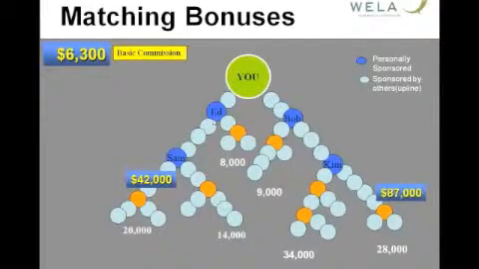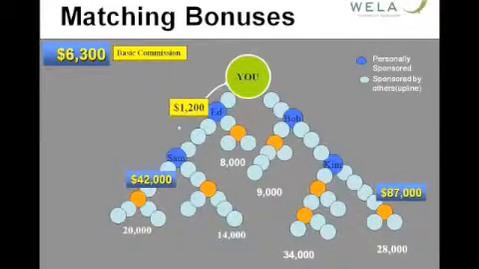Now, you'll also get a matching bonus when your people earn money. Remember, you brought in Ed, you brought in Bob, you brought in Sam, and you brought in Kim. Ed over here has $8,000 in volume on his small side. He has $20,000 on his large side, but he's going to get paid 15% of the volume on his small side. So remember, that's $8,000.